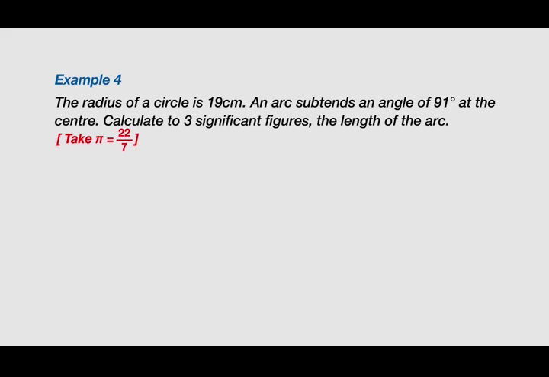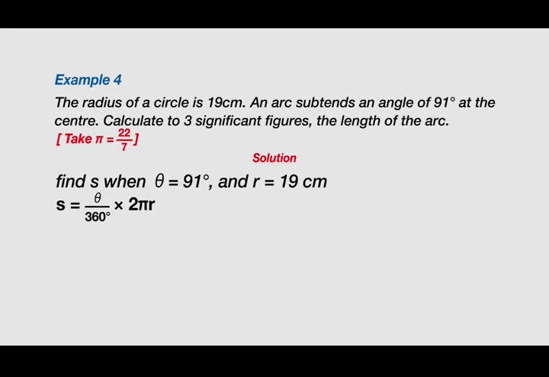So this question is asking us to find S when theta is 91 degrees and r is 19 centimeters. So again, put down your formula. S equals theta over 360 times 2 times pi times r. So, theta is 91 degrees from the question. r is 19 centimeters. So you substitute them.